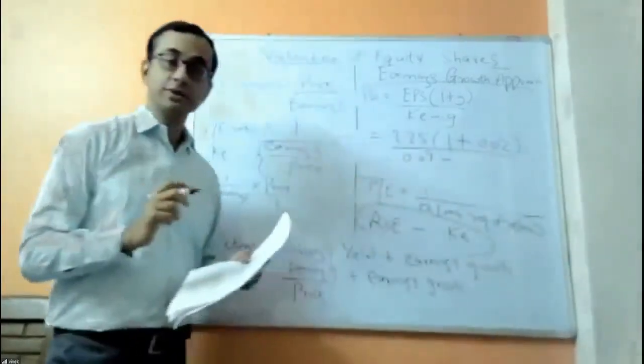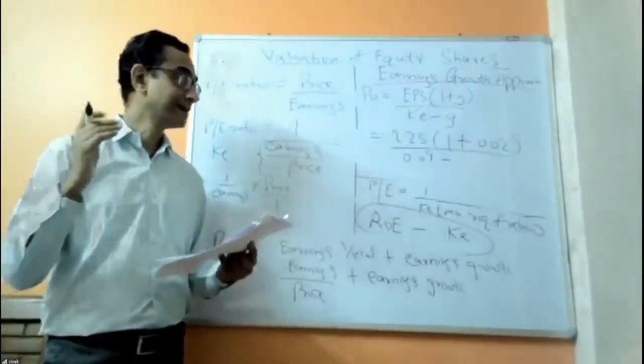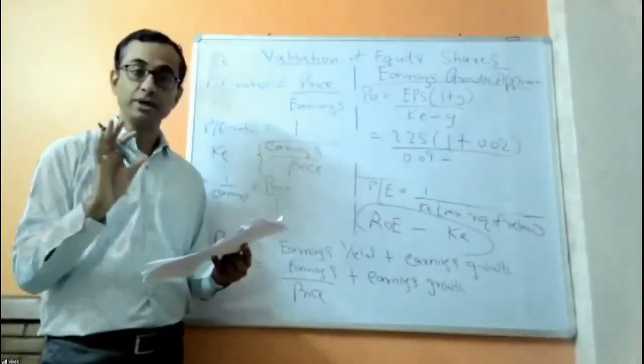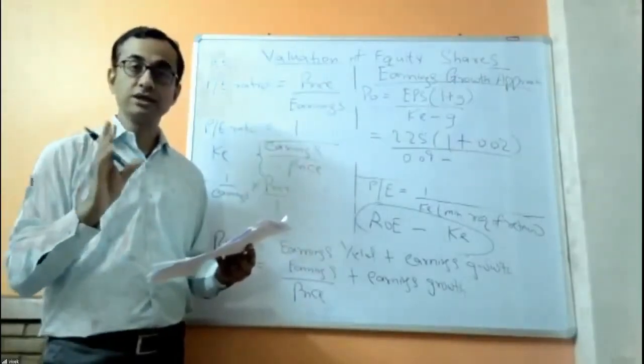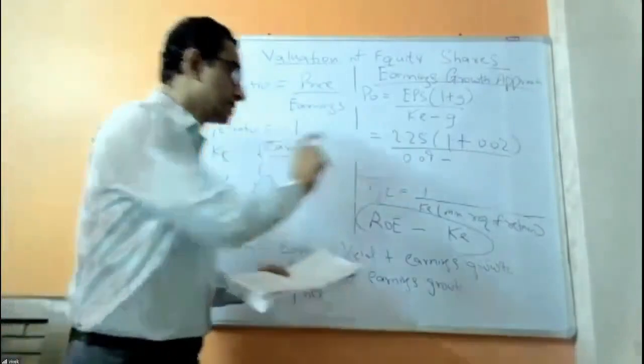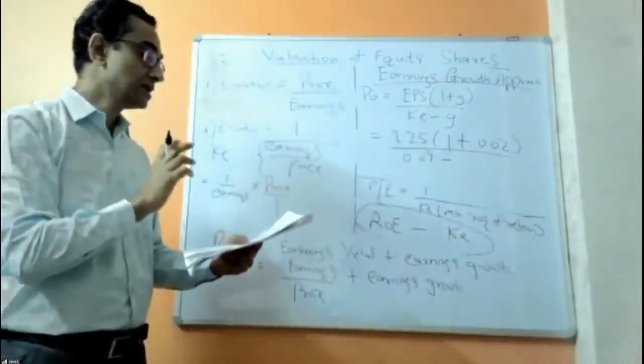K is taken as 9%, as I have already explained. That is, return on equity and the KE, that is minimum required rate of return, can be used interchangeably in the case of earning based model. That is why the discount rate is not taken as 10.5%, it is taken as 9%.